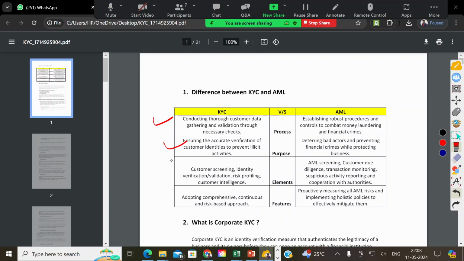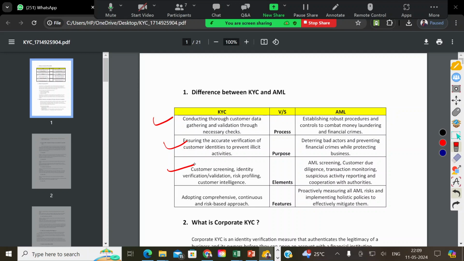All right. Then the elements of this KYC process are customer screening, identity, Aadhaar, PAN, SSN number, that comes under identity, verification and validation, and risk profiling, checking the risk. For example, if someone is politically exposed, or the person is already bankrupt, all such persons come under risk profiles.